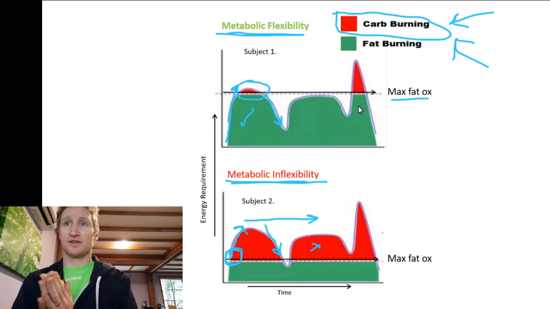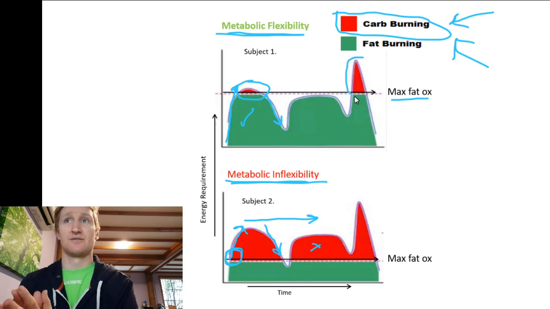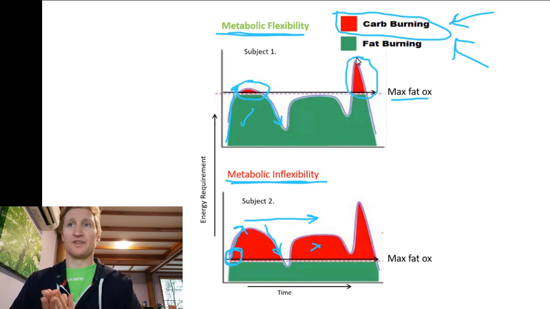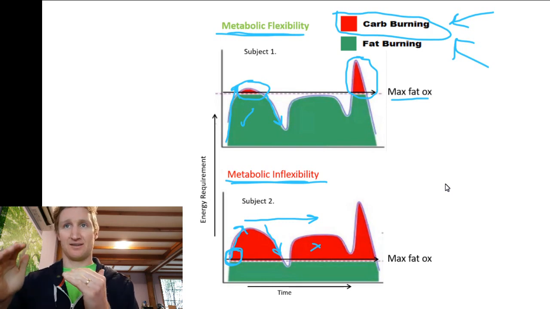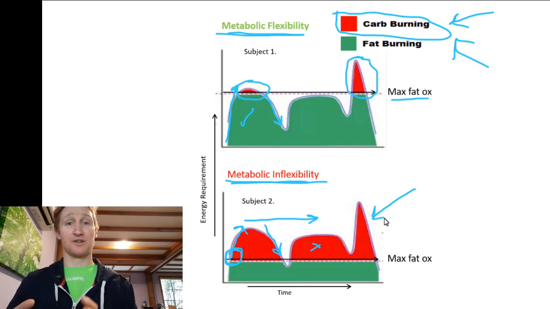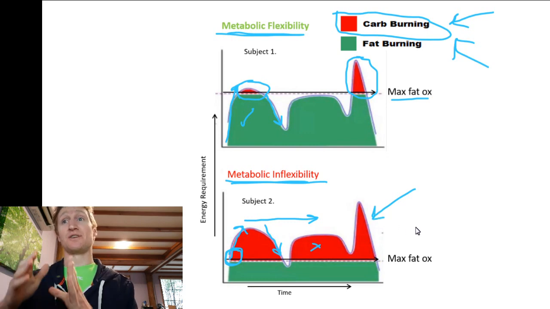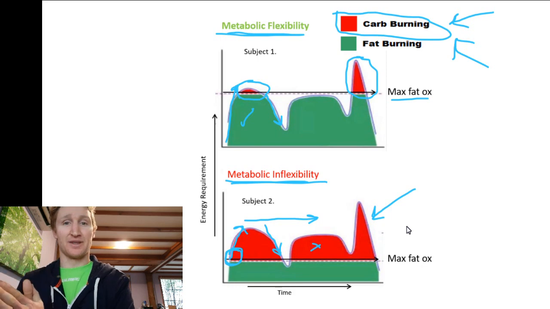And this, if we look at the very last peak, imagine that's the decisive climb or the final sprint for a race, and the bottom graph shows how much carbohydrate you've already burnt in order to get to the top of that hill.